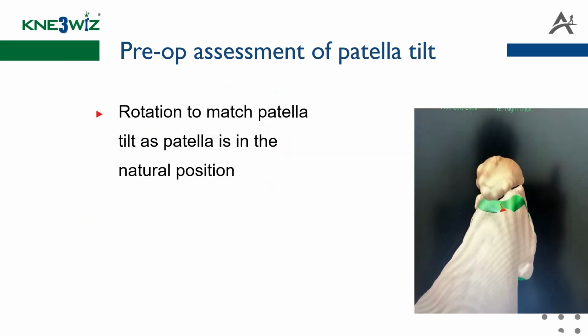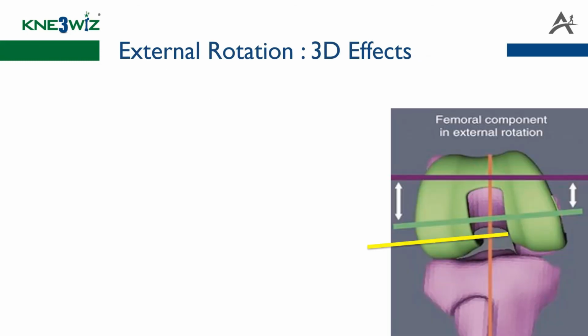Amongst the other advantages of pre-op CT-based 3D templating is that the patella is in the natural position and hence it's easier to match with the component. It is possible to assess all the three-dimensional impact of increasing or decreasing external rotation and hence arrive at the most kinematic alignment.